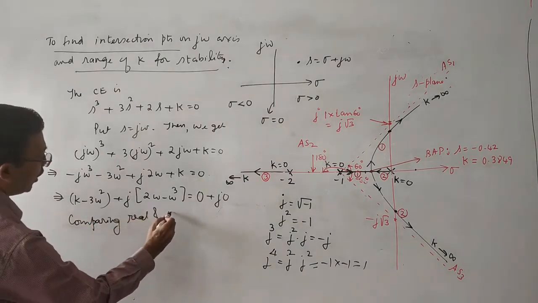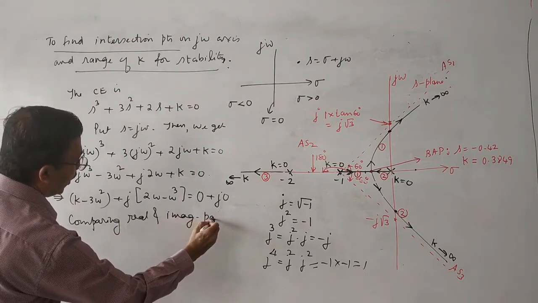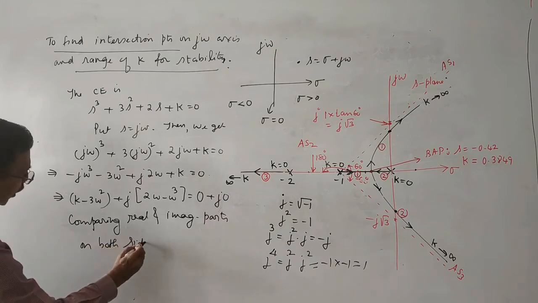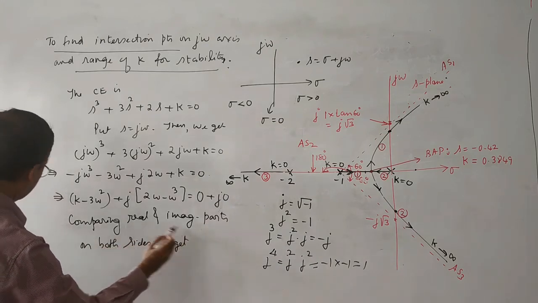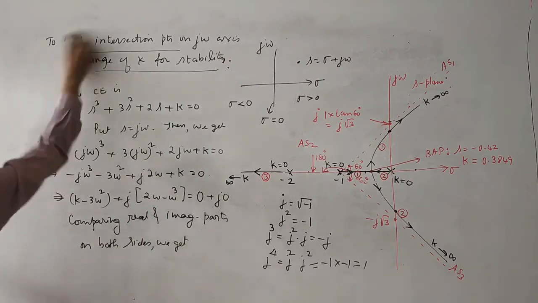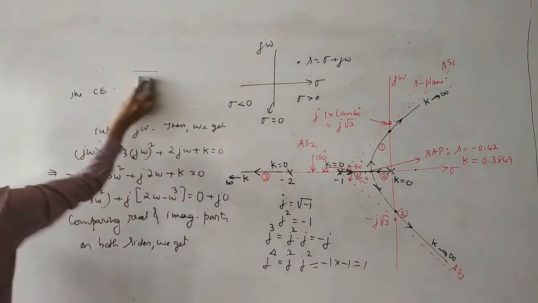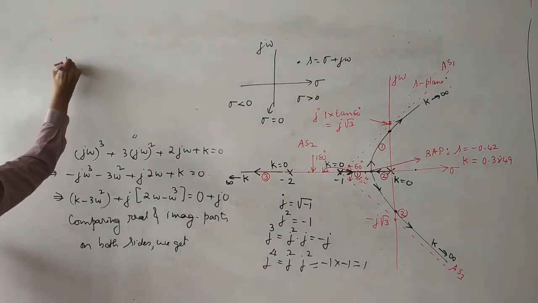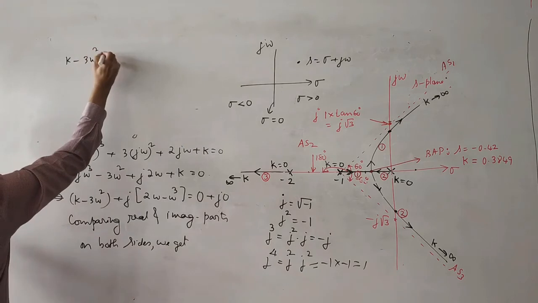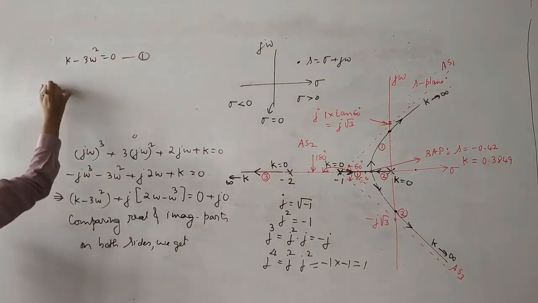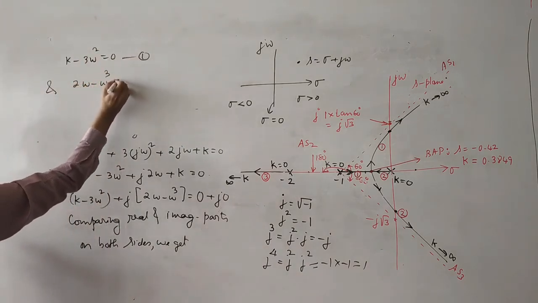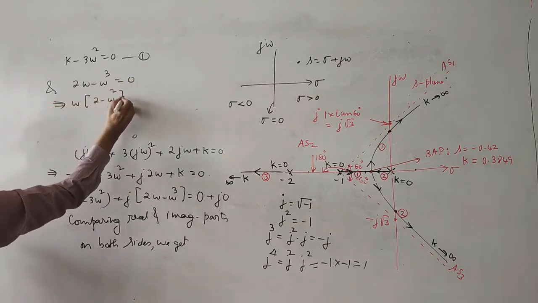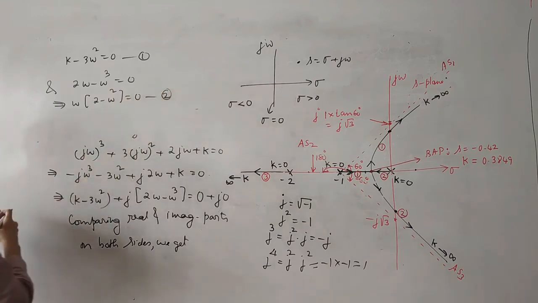On both sides we get K minus 3 omega square equal to 0, equation 1, and 2 omega minus omega cube equal to 0. This implies omega into (2 minus omega square) equal to 0, equation 2.